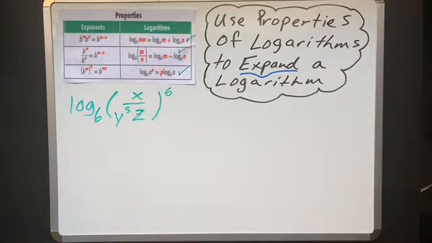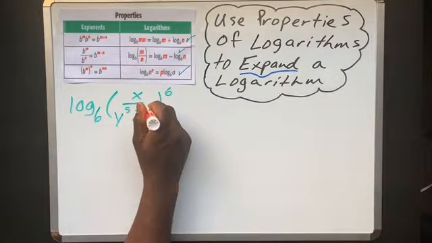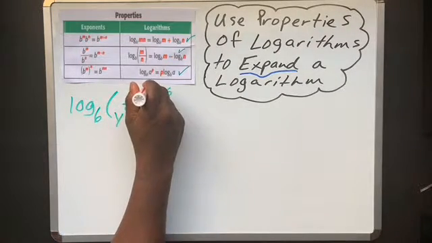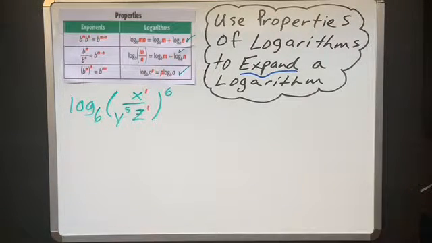Now, I want you to remember that even though you do not see an exponent here, the exponent really is 1. That's z to the 1, and that's x to the 1, even though you don't see it. I'm just going to put it in there.